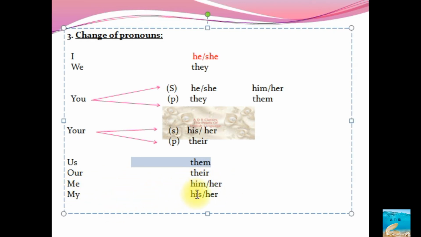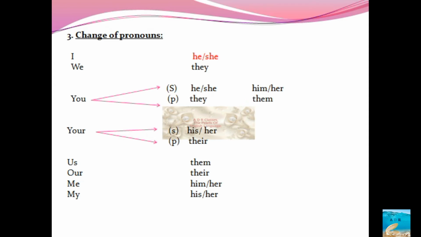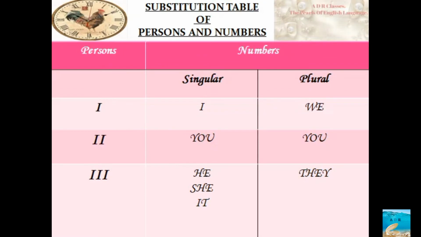Kindly don't learn that by heart, just understand that first person singular becomes third person singular. Okay, I becomes he or she, you becomes he or she. So first person singular and the second person singular becomes third person singular.